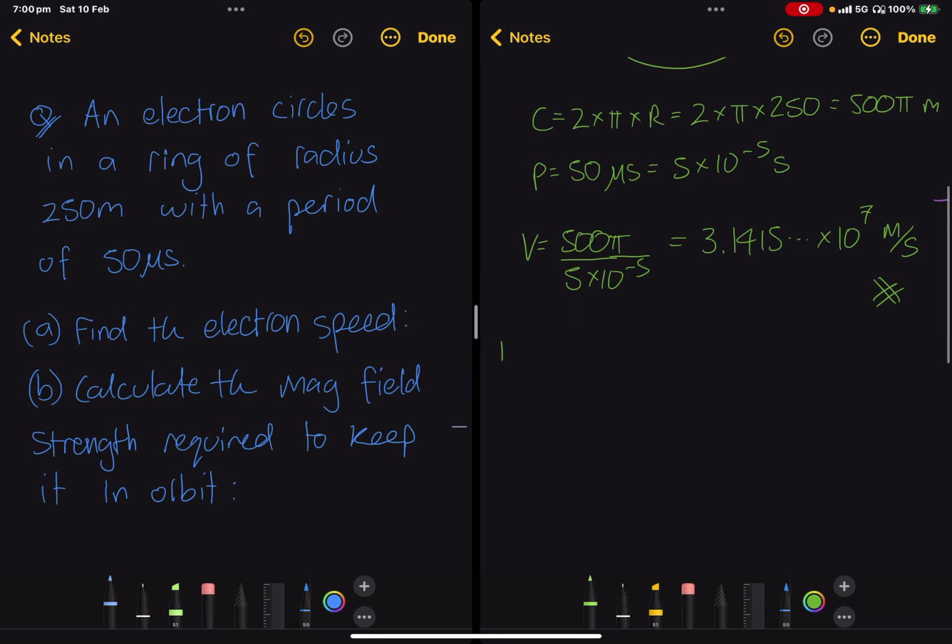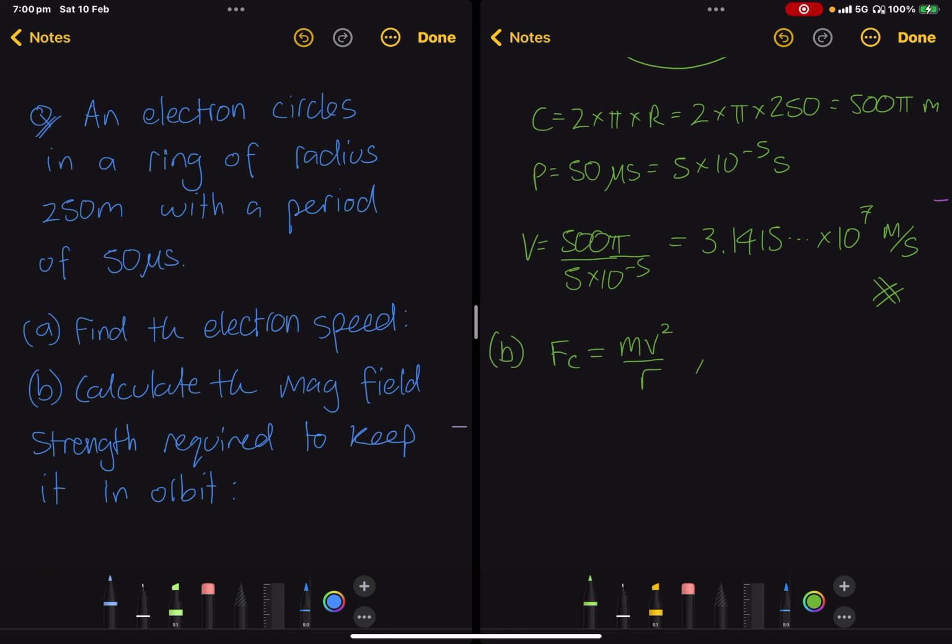Now for part B, we're told to calculate the magnetic field strength required to keep this thing in orbit. Well, if we have a particle orbiting, we know that it needs a centripetal force. We know centripetal force is mass times velocity squared over radius.